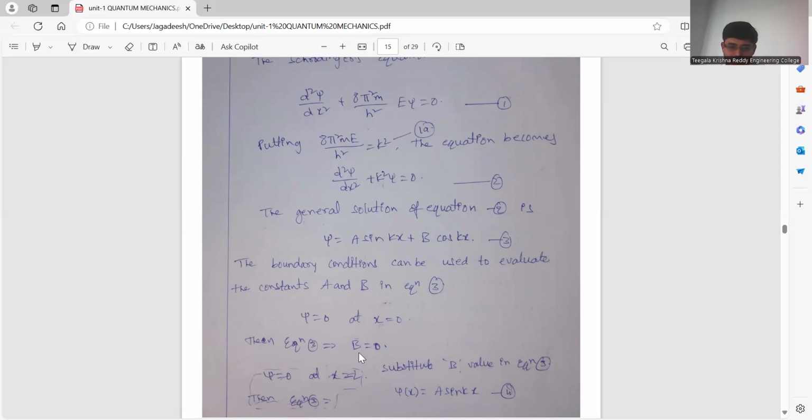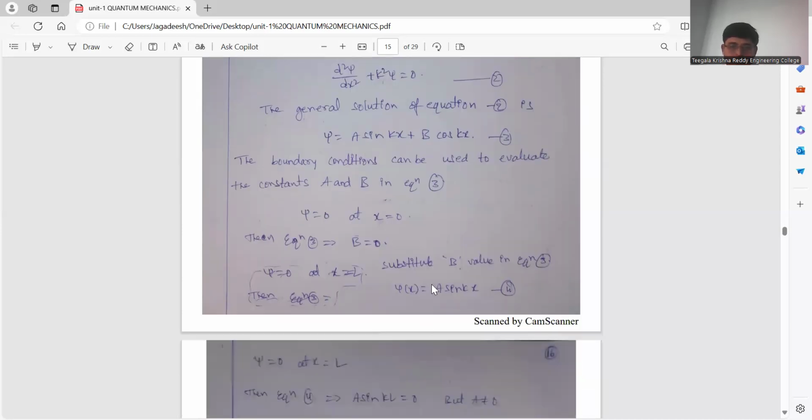Substitute the B value in equation 3, that is ψ(x) = A sin kx. This is equation 4.